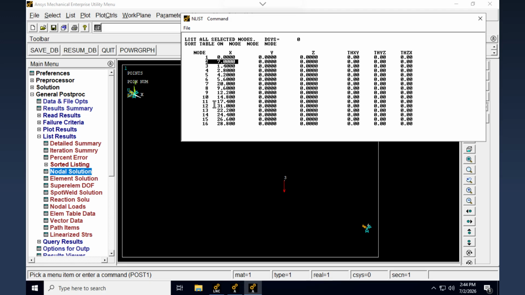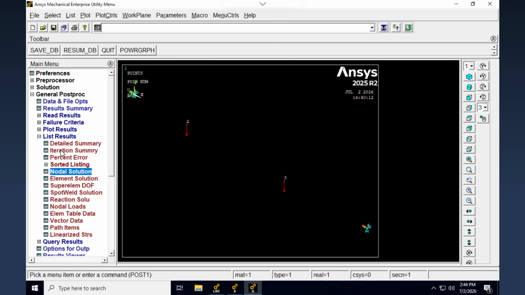So if you look down here, you see that's node number 7. So these are the nodes I need to look at for my deformations, node number 7 and node number 2.